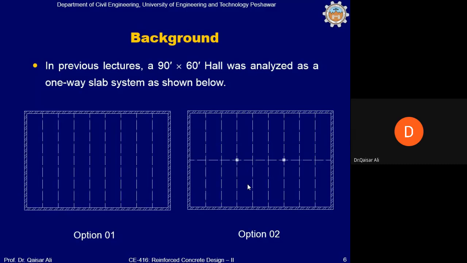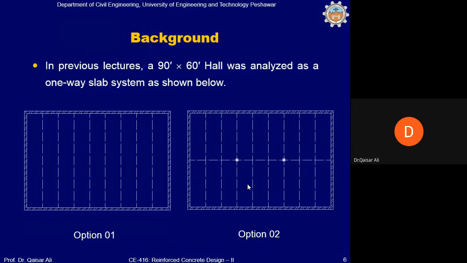This was done in order to reduce the depth of the beam, which was 60 inch when the beams were 60 feet long. So in order to reduce the depth of the beam, one girder and 2 columns were introduced, and in this case, the 30 feet long beam was only 24 inch deep.